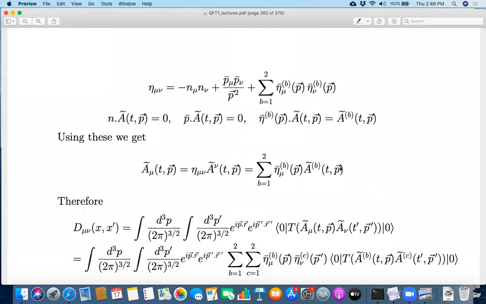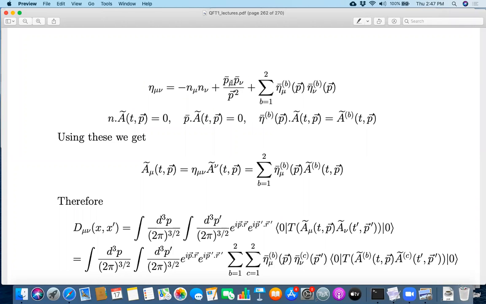Okay. So here I have listed the relations again. This is the expression for eta mu nu in terms of this decomposition, and these are the conditions for a tilde. Using this, we can write a tilde mu, which of course is the same as eta mu nu a tilde nu. For eta mu nu, I substitute this. Now you see that the first term gives you 0 because it gives you an n dot a tilde, and n dot a tilde is 0.